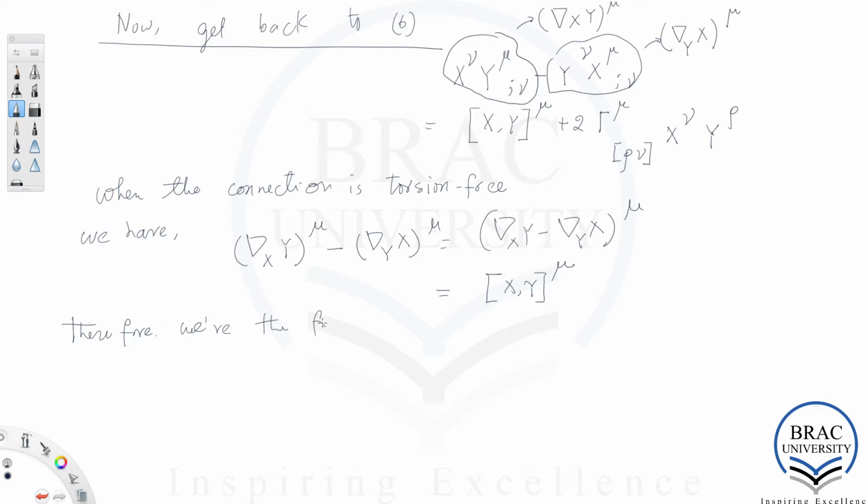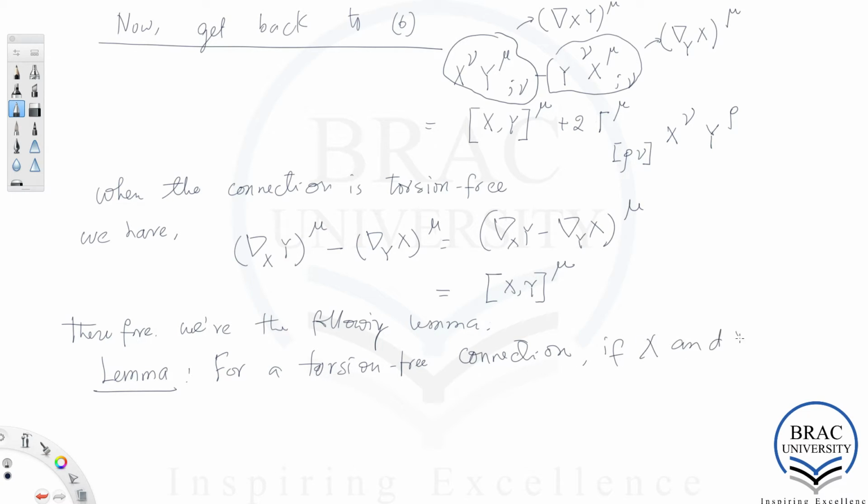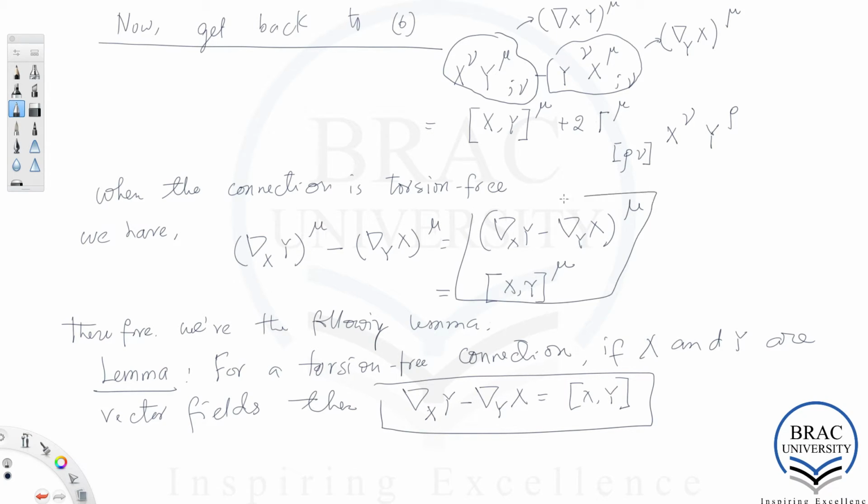We have the following lemma, which states that for a torsion free connection, if x and y are vector fields, then nabla x y minus nabla y x is just the commutator of the two vector fields that we have found here. They are equal, right?